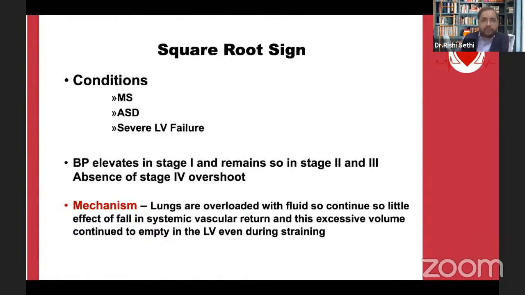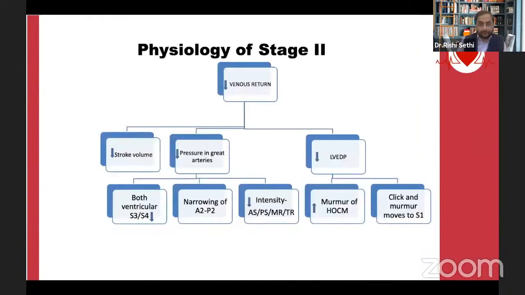The mechanism of the square root sign is that lungs are already, in these conditions, overloaded with fluid. So whatever breathing you do, this extra fluid continues to get pumped into the left ventricle in whatever phase of straining. So there is actually no fall in your blood pressure, and the blood pressure remains elevated and maintains a square root kind of sign.